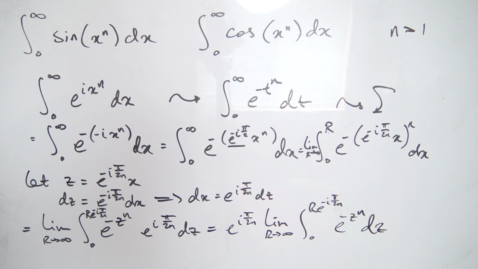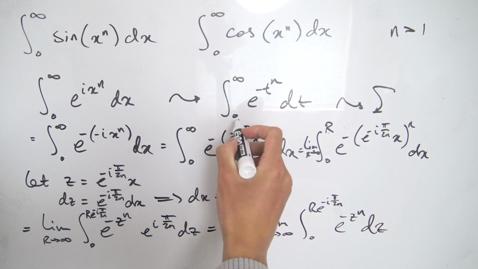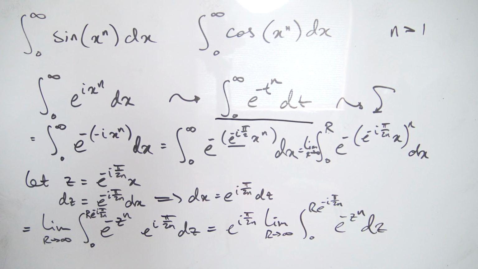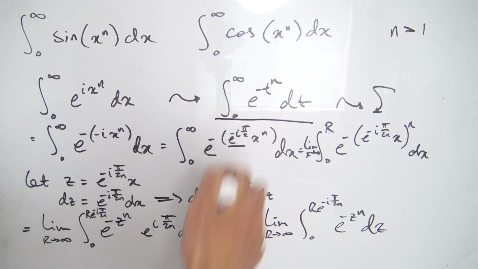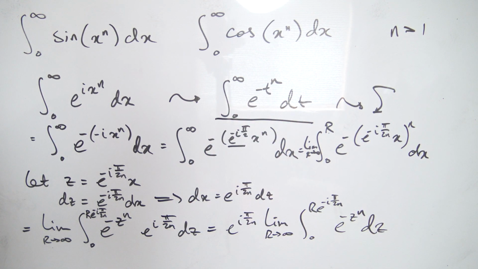Right, that's quite nice. We have the integrand that we want. Remember, this is the integral that we want to end up with: e to the minus something to the n. That's exactly what we have. But the problem is the interval of integration. It's pointing in some weird direction in the complex plane.